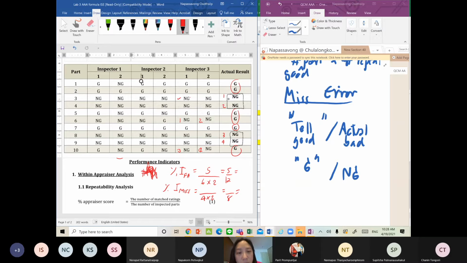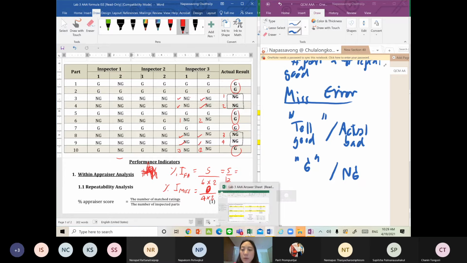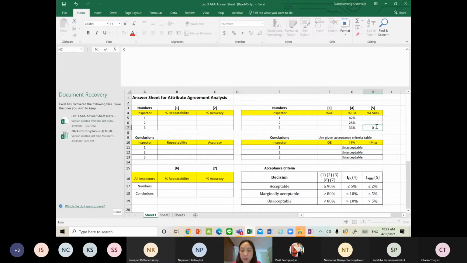They are all correct, so 8 out of 8, no miss at all. So this is 0% for operator 3. You can press percentage here and then 0%, so it's certain that it will be acceptable.